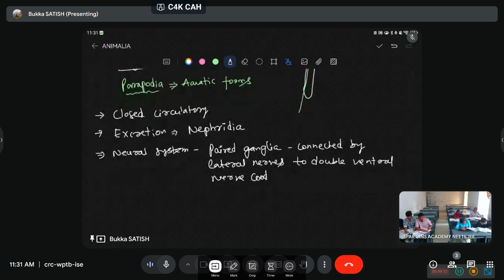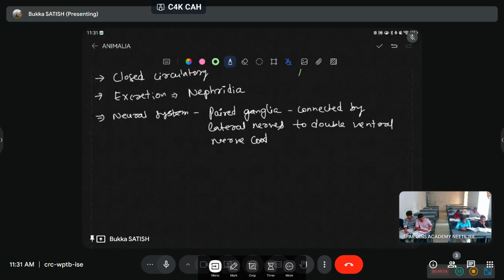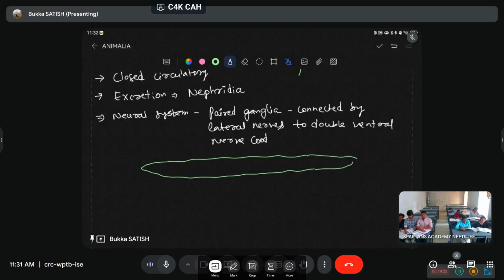Now see, this is something which you need to see overall in all the invertebrates. Blindly remember, in all the invertebrates, the nerve cord is ventral.